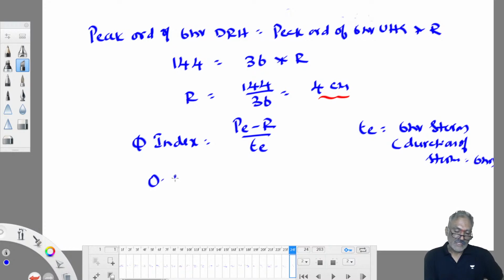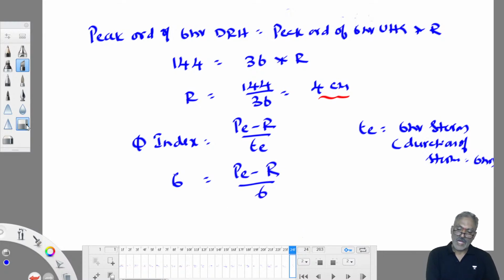This is given as 6 mm per hour. So P is unknown, R is unknown, this is 6 hours. From this you can find out R, which we already got as 4 centimeters.